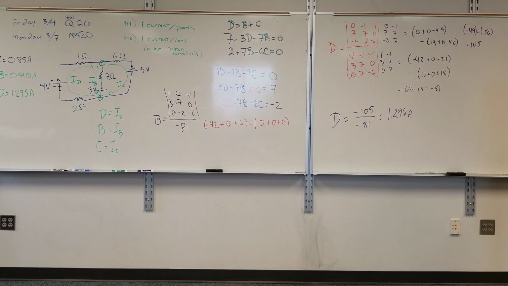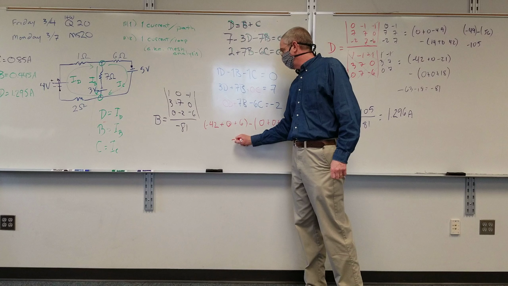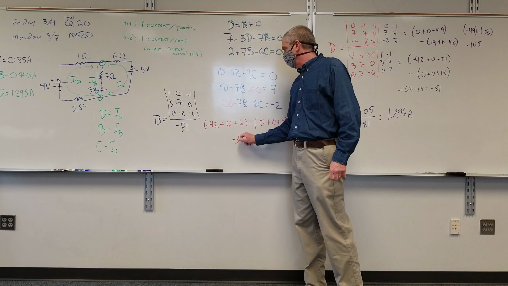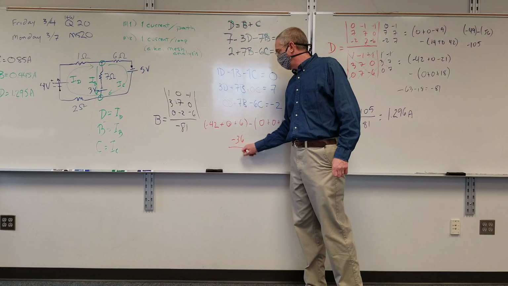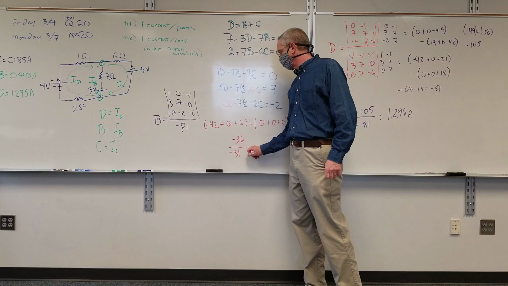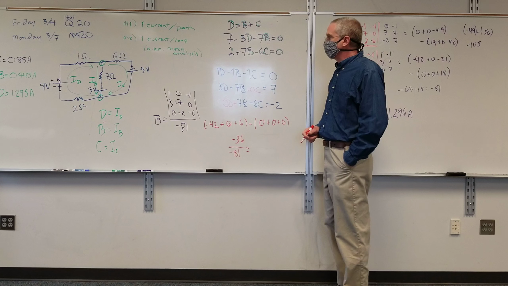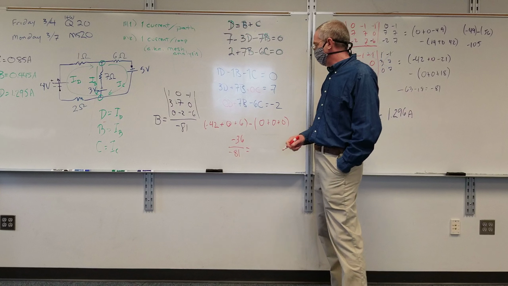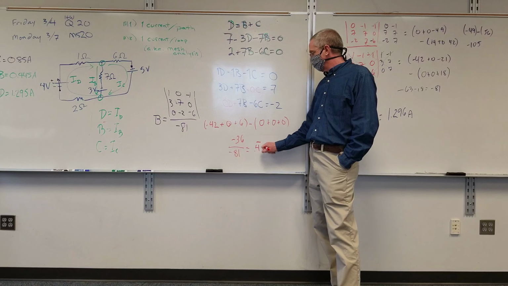Zeros do make our life a little bit better here. And so we end up with negative 36 over negative 81, which is 0.4 repeating amperes.